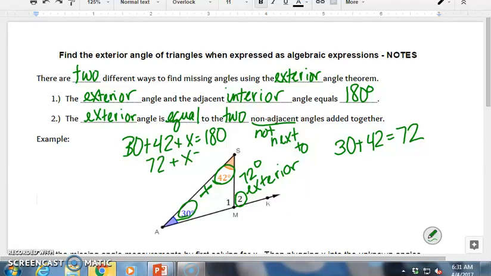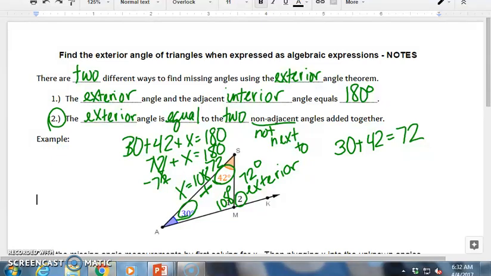That is still one way you can do it if the problem allows. But some of these problems are going to force us to use this second theorem.